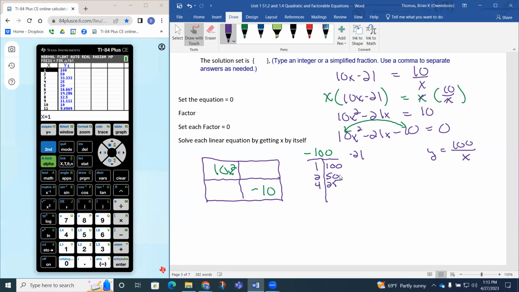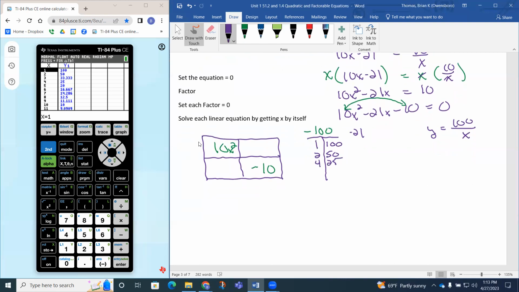That looks pretty good, that 25 and 4. 5 times 20. 6, no, 7, no, 8, no. 10 times 10. Notice that the 10s are repeating at that point.